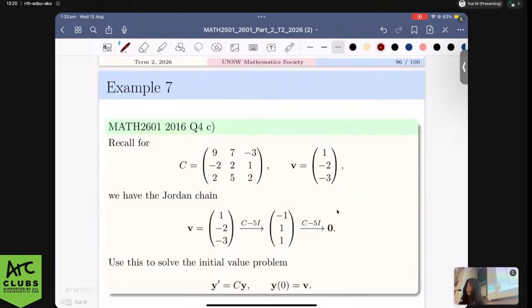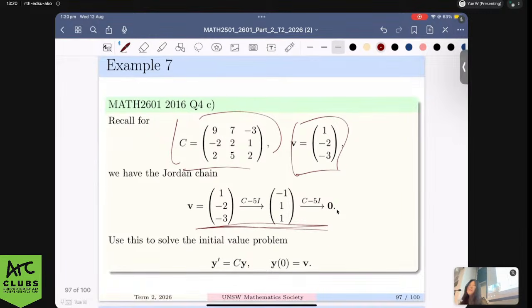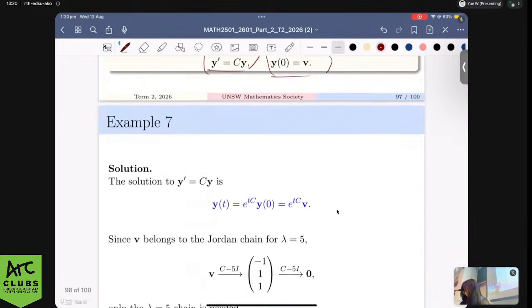This is just an example that we could see. If we consider the matrix C, which is some 3 by 3 matrix, and our vector phi, which is 1, minus 2, minus 3, and we have this Jordan chain here, we can use this to solve the initial value problem y' equals Cy and y(0) equals v.